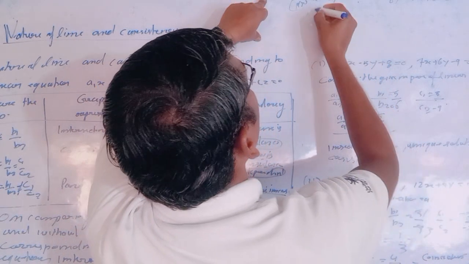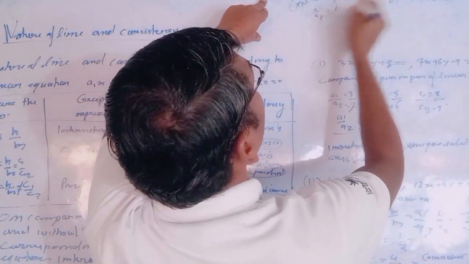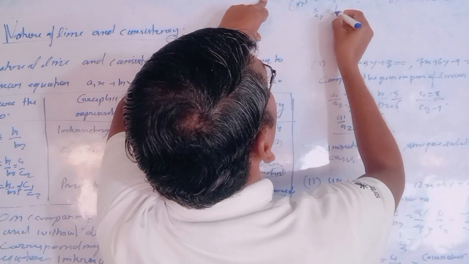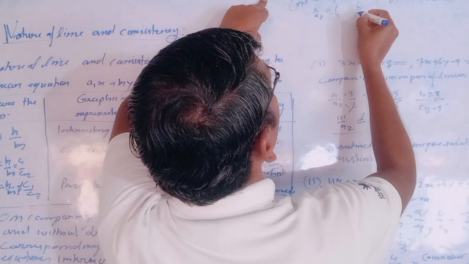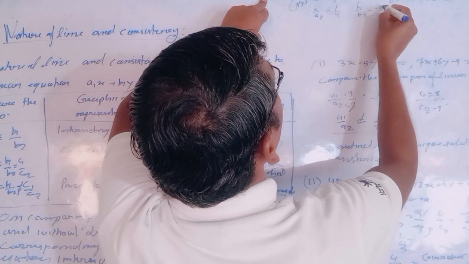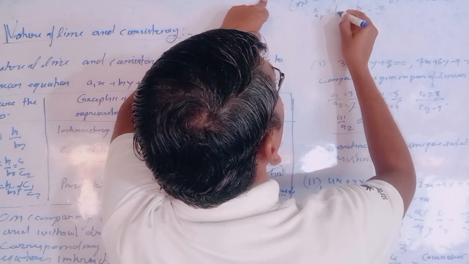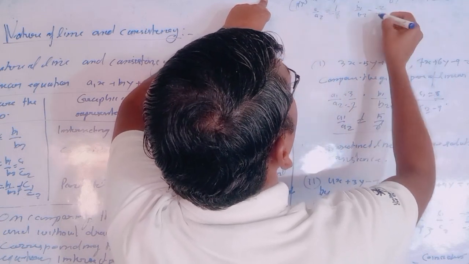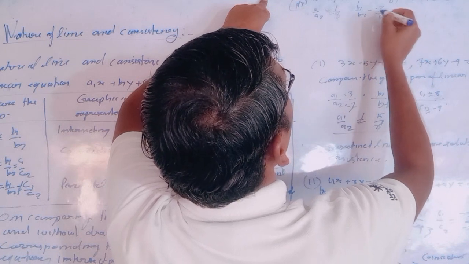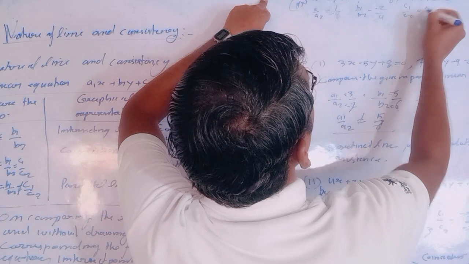So a1 by a2 is equal to 1 by minus 4, b1 by b2 is equal to minus 2 by 8, which is minus 2 by 4 in the given form, and c1 by c2 is equal to 5 by 20.